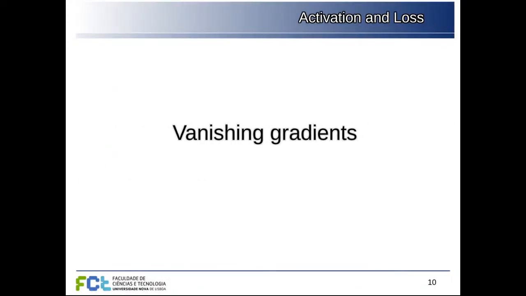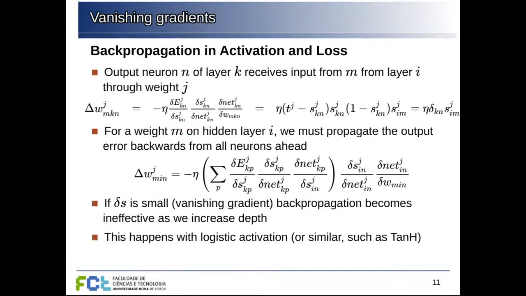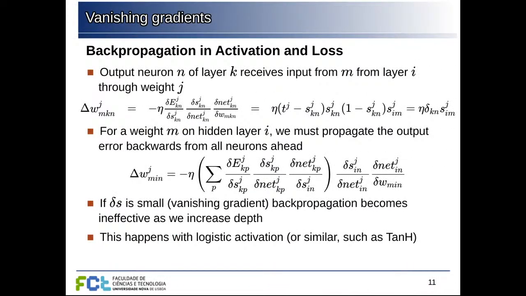Okay, so when we use deep neural networks, we have many layers, and then this problem can appear. The vanishing gradients problem arises because when we're doing backpropagation for training the network, we need to multiply all these derivatives.